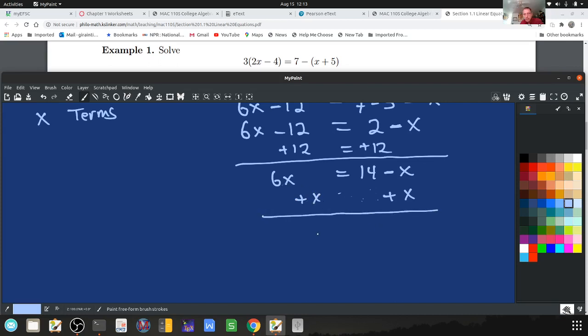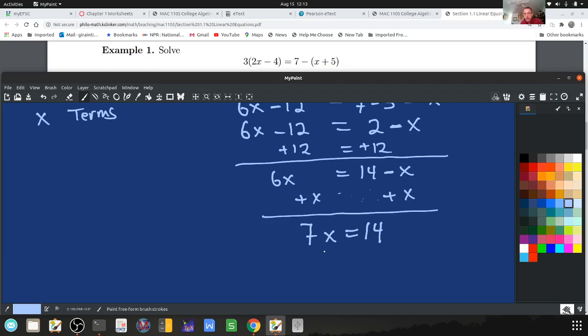So 6x plus x gives me 7x. And 14 minus x plus x gives me 14. I'm almost there. Now I know how much 7x is. I want to know how much 1x is.